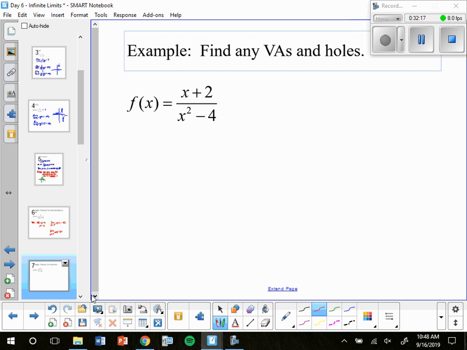Plus or minus 2, because my denominator equals 0. Are both of those vertical asymptotes? No, because if I substitute in negative 2, my top and bottom are 0. So that's not a vertical asymptote. That is usually a hole. So before I even get started, when you see this function, what do you want to do? Factor. Yeah, I want to factor.